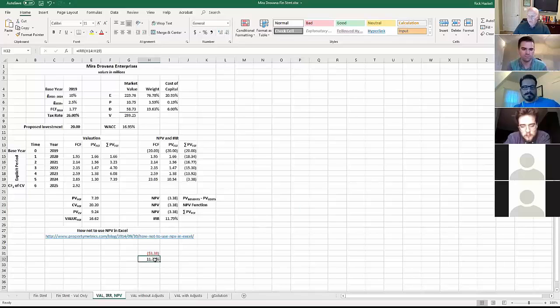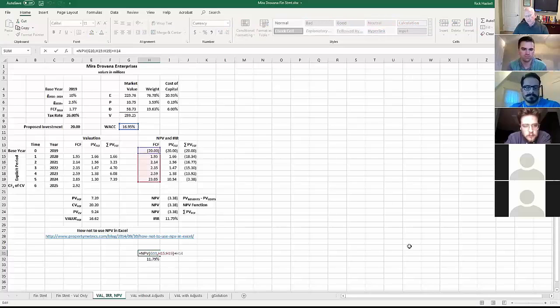Internal rate of return, you literally just say equals IRR and then pick up the cash flows, which is why I did this whole column the way I did. Net present value, you have to outsmart it a little bit. And once you've learned how to do these, it's your new best friend.